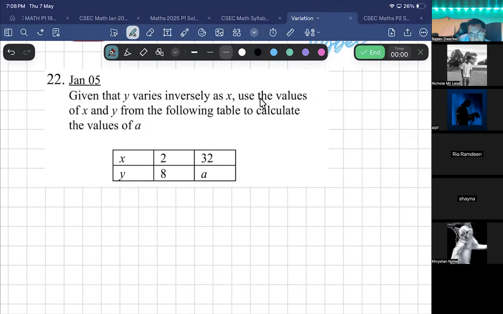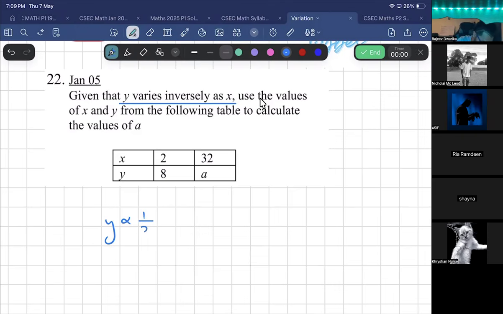Okay, so we have to find... It says y varies inversely as x. I'm gonna underline that and start writing. So what's the first thing I'm gonna write? Y equals... Wait, before I do that, I'm gonna say y is proportional to 1 over x.